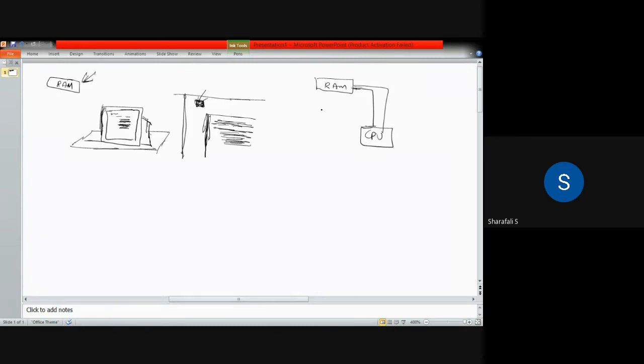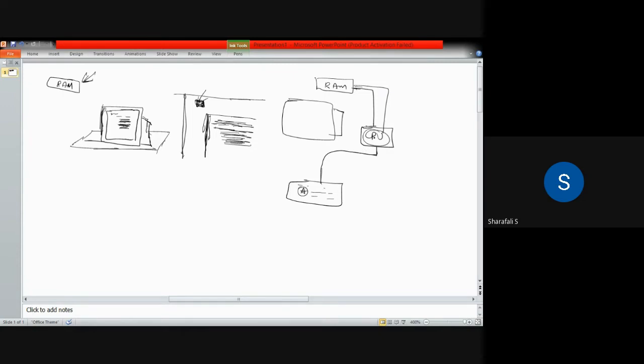Suppose you enter something on the keyboard and you have the monitor here and you are working with the Word file. You press the letter A on the keyboard, so the corresponding binary number goes to the CPU, which will understand it is coming from the keyboard and that it has to show it in the application, the Word file.